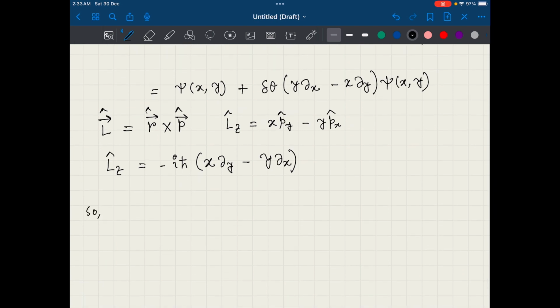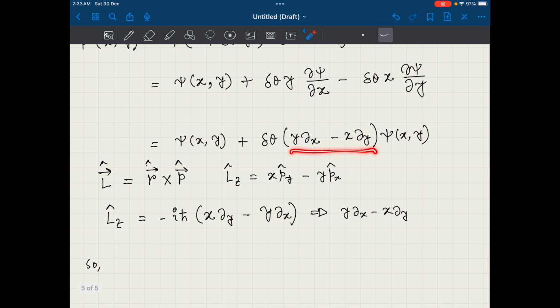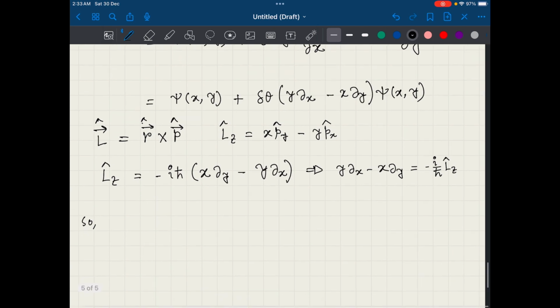So this equals y delta x minus x delta y, which is our requirement. This is equal to minus i by h cut Lz. Am I correct? Yeah, that's correct.